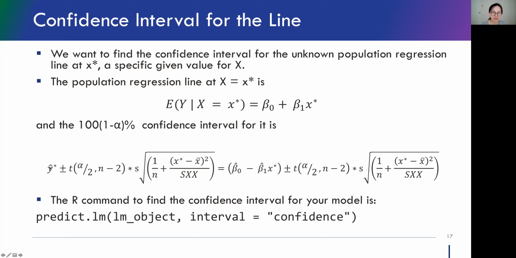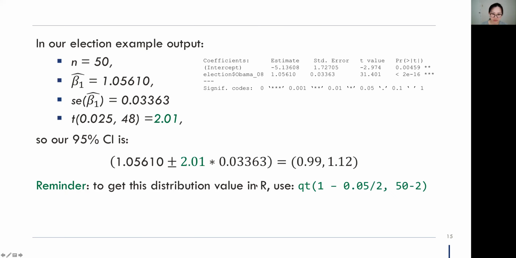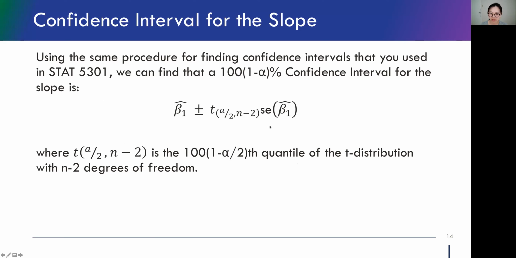And this y hat star plus or minus this t value, again you can get it with R, times the standard error. Now this time the standard error is different from before. The standard error in our previous slides is the standard error for beta 1 hat, because we were looking for the confidence interval for beta 1.